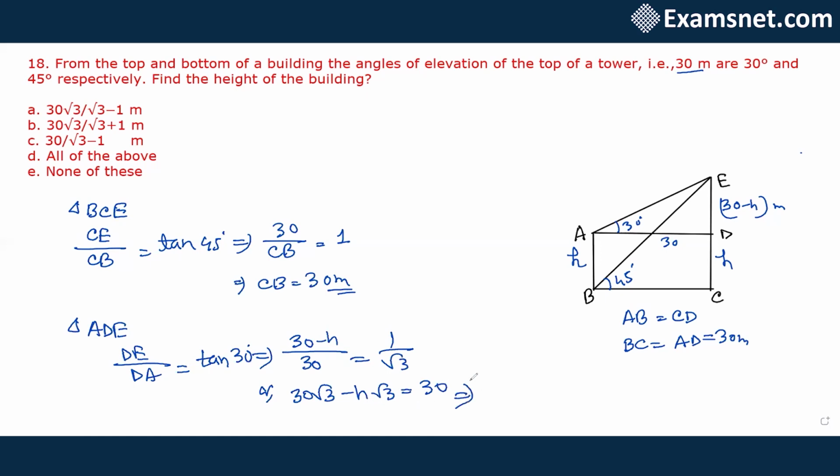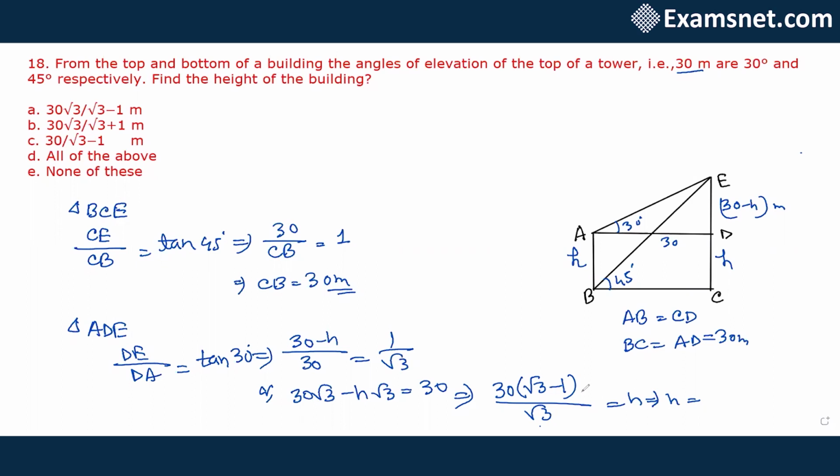So here H can be written as 30 to take in common root 3 minus 1 by root 3 equals to H. So the value of H is, if we can rationalize this value, since we have seen that there is an irrational number in the denominator.